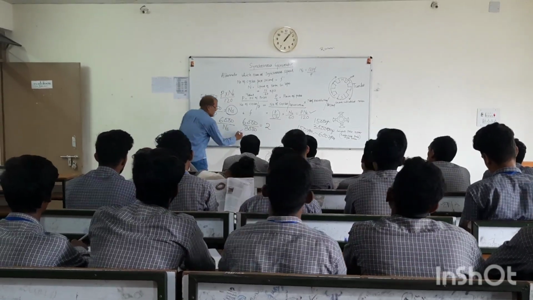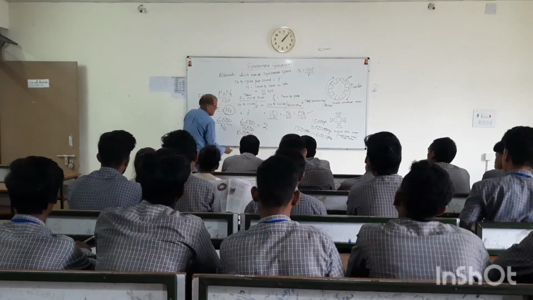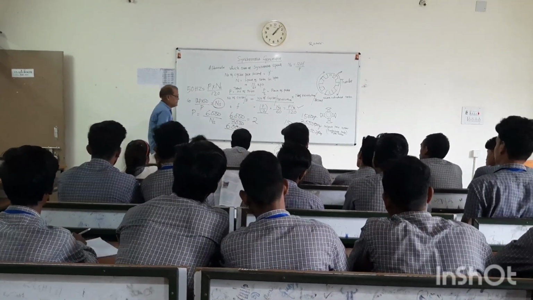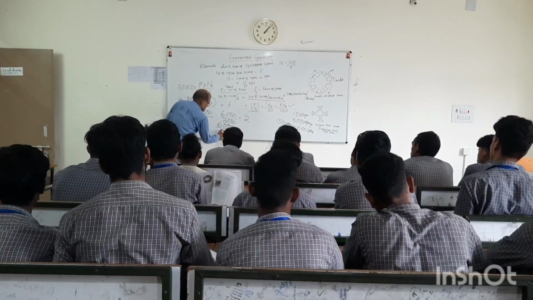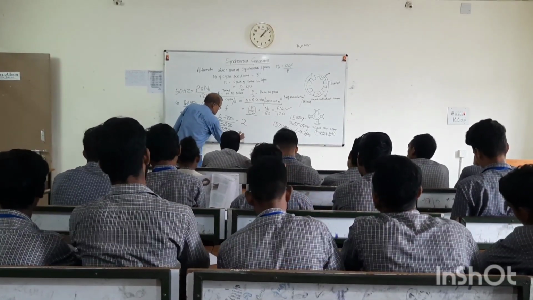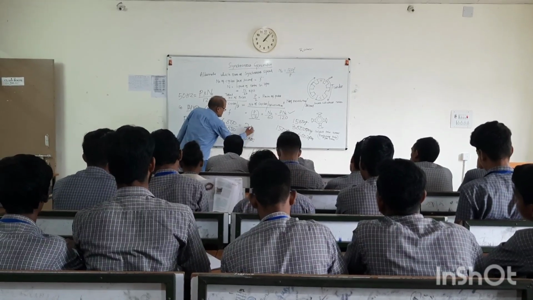In case of a hydroelectric driven turbine, that is 150 rpm, so it is 40 poles.